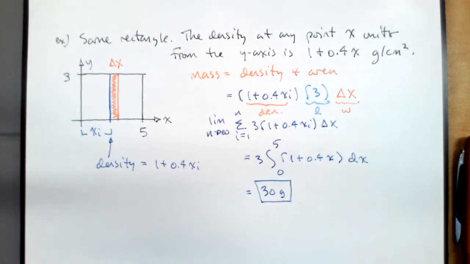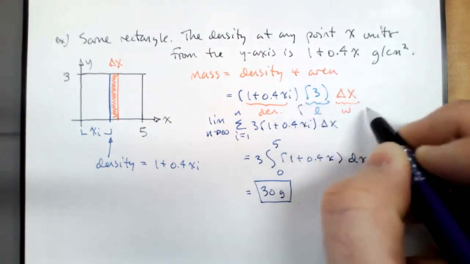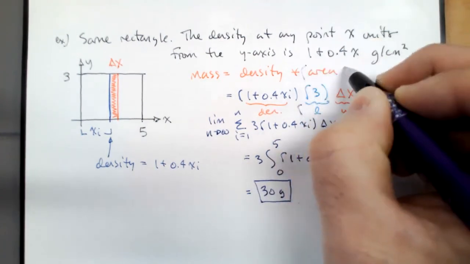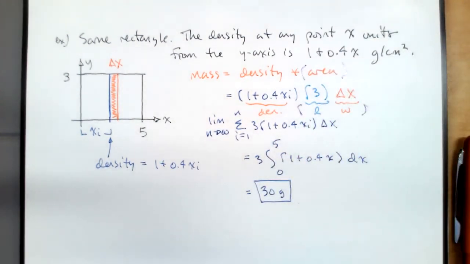So the area is the length times the width. Questions?